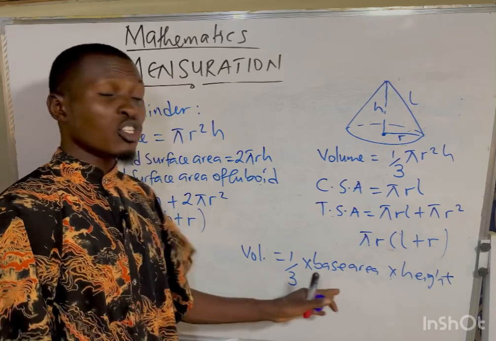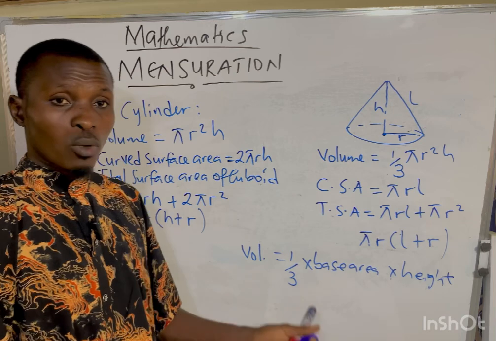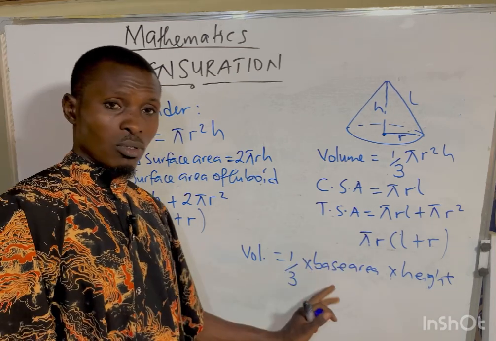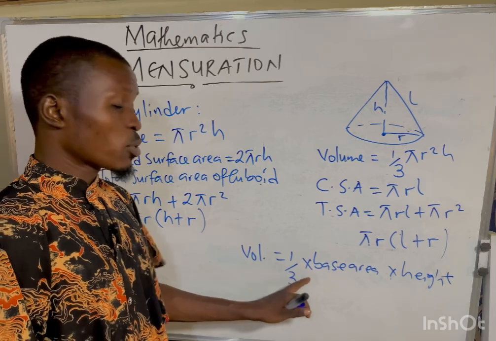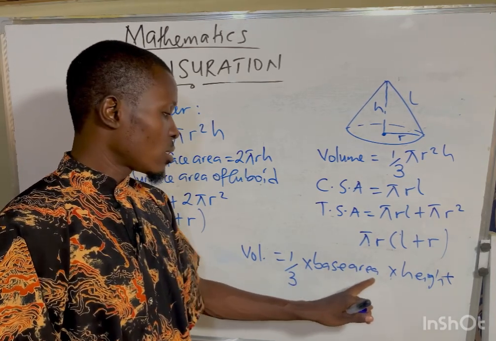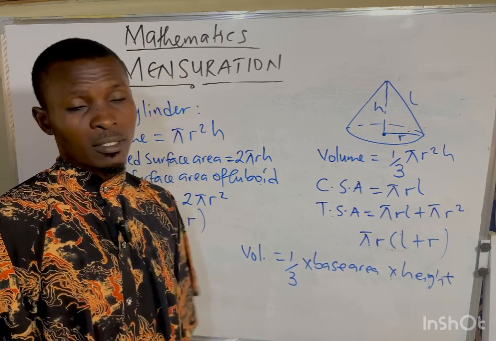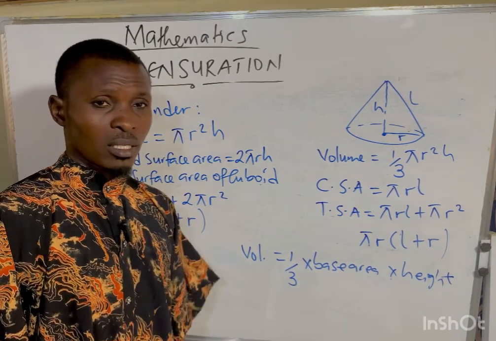If you have a square base, you know the area of a square. If you have a rectangular base, the area of a rectangle. So for a rectangular based pyramid, you have 1/3 times length times breadth times height. If it's a square base, 1/3 L square times height.